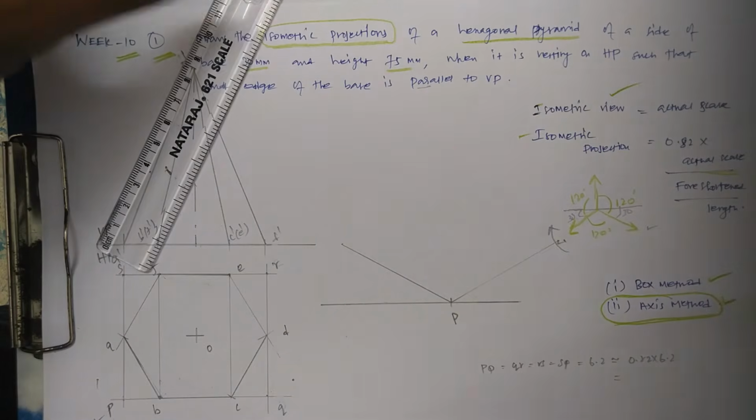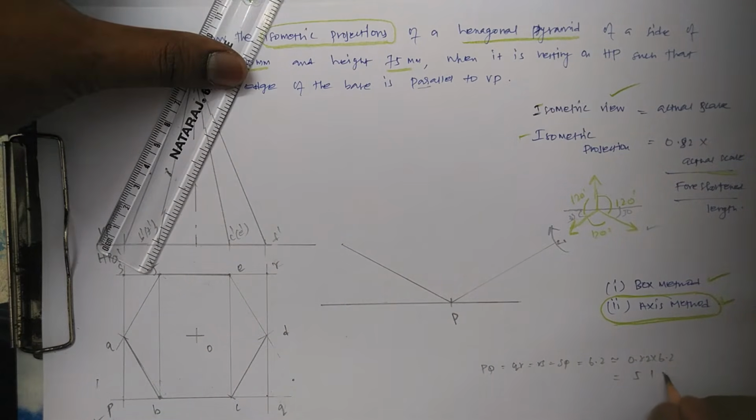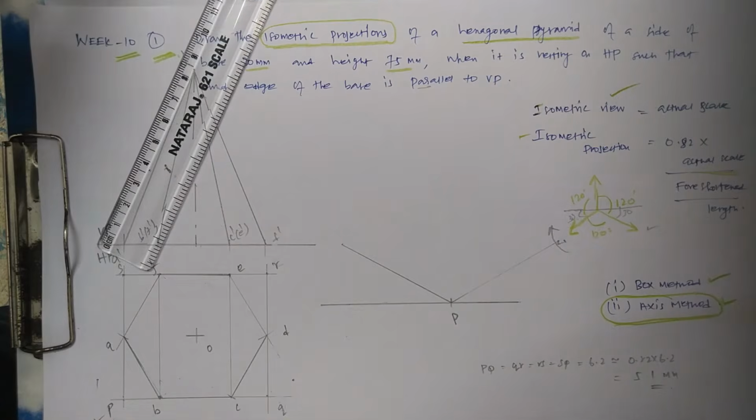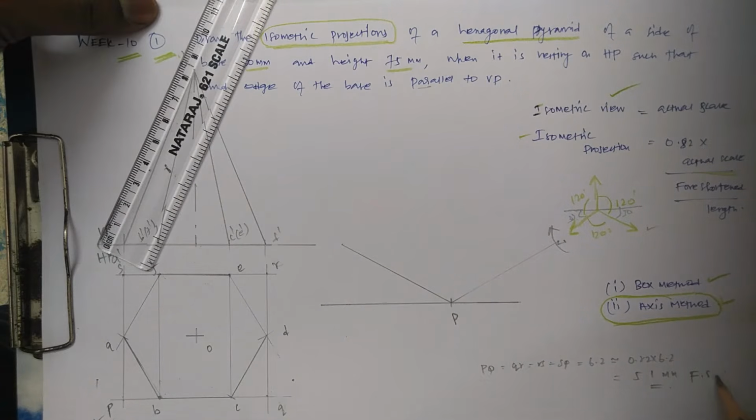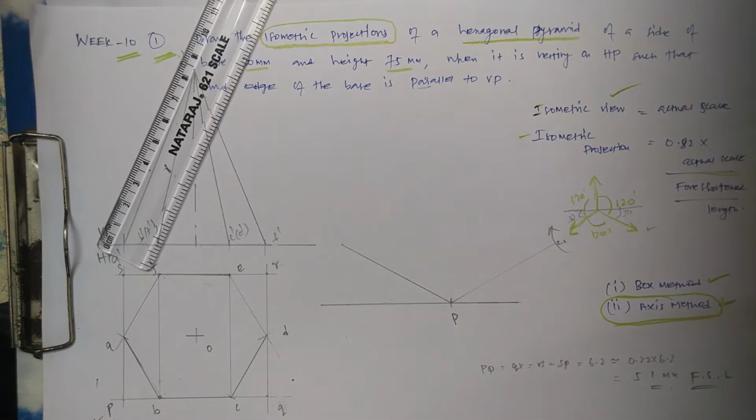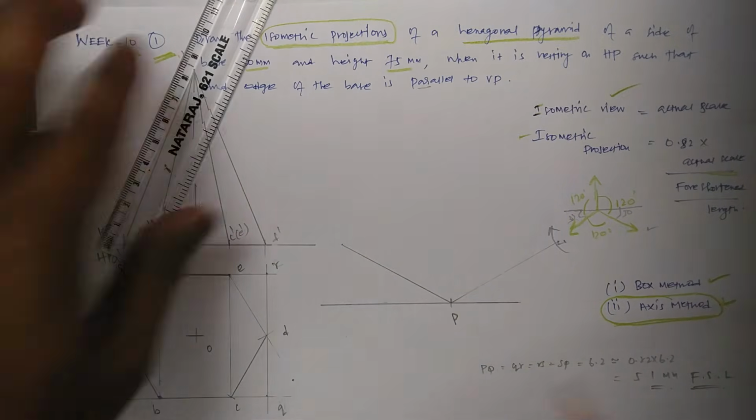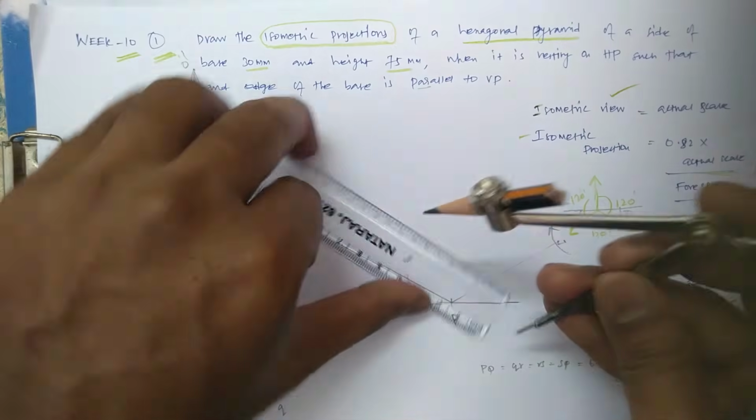So let us say 5.1 mm is the distance. So this is the foreshortened length, FSL, I am measuring. Foreshortened length. This only I am going to use. So 5.1 I will measure here.